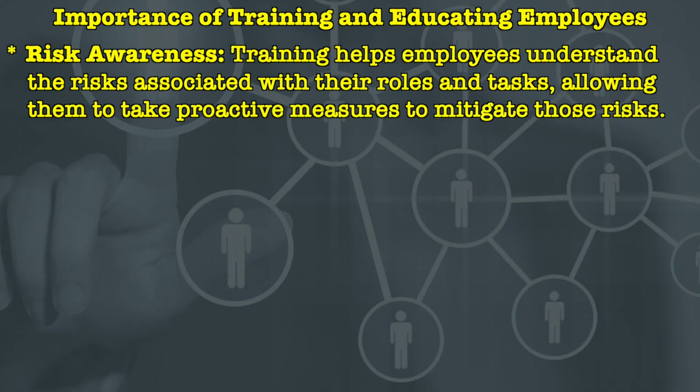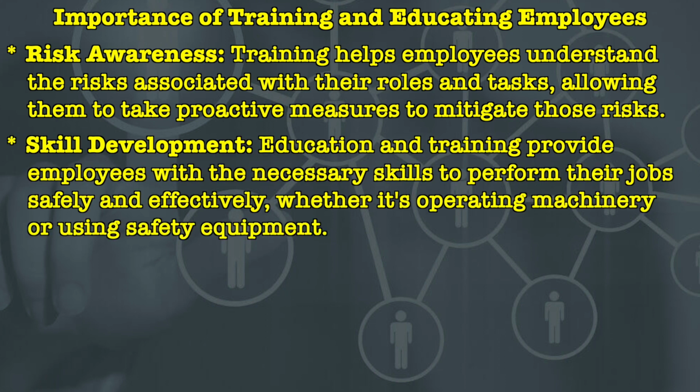It means training helps employees understand the risks associated with their role and tasks, allowing them to take proactive measures and mitigate those risks. Next one is skill development. It means education and training provide employees with the necessary skills to perform their jobs safely and effectively, whether it's operating machinery or using safety equipment.